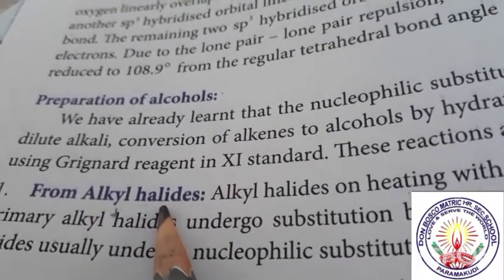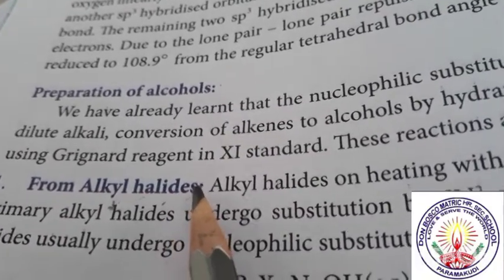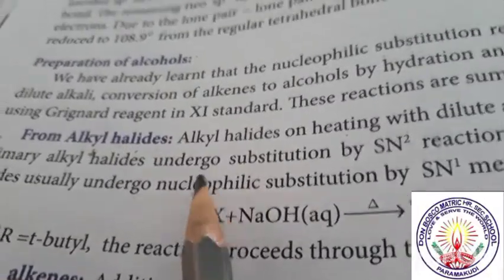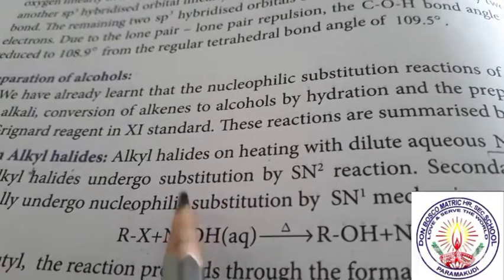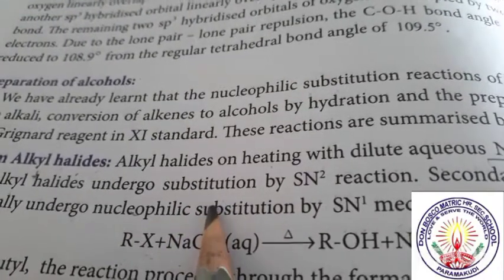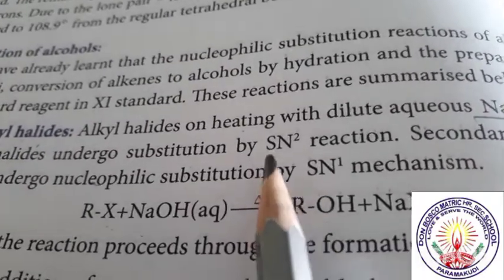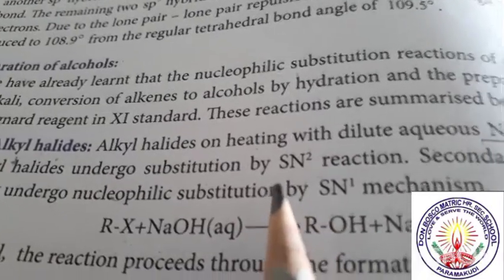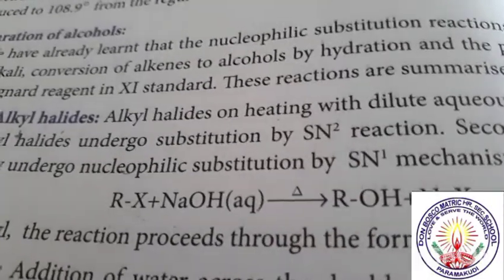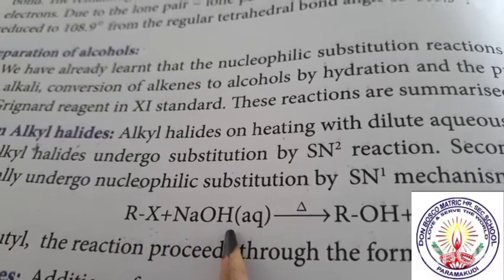Halides are nothing but halogens. These halides can be fluoro, chloro, bromo, iodo. See the formula, and these are formed by substitution reaction, SN2 or SN1. We have learned in 11th standard what is SN2 and SN1, substitution nucleophilic 1, substitution nucleophilic 2. And here see the formula, that is RX plus NaOH.